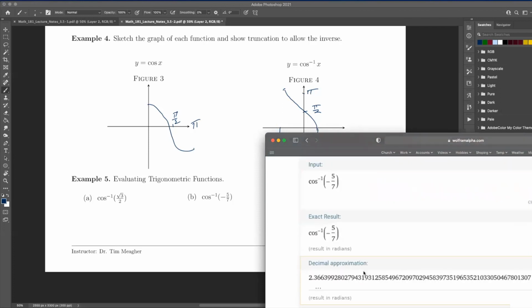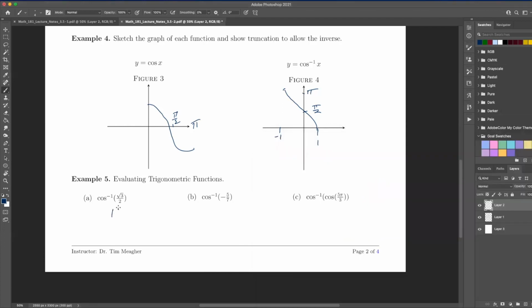Here we're going to get some real answer, which is about 2.366. This is pi over 6. This is about 2.366. And what do you think we're going to get here? Am I going to get 5 pi over 3? And the answer is no.